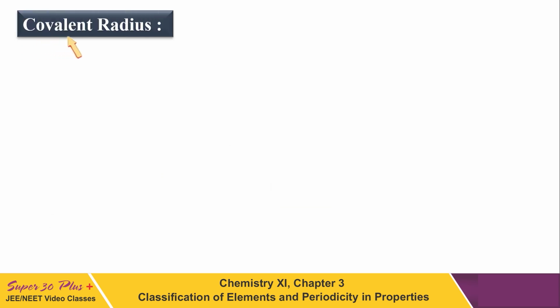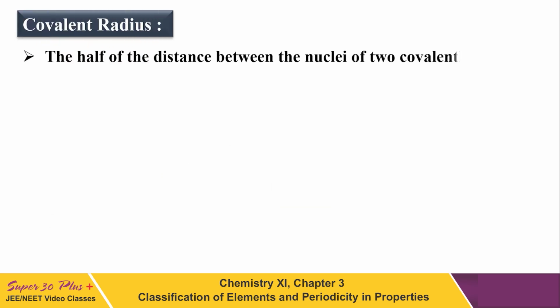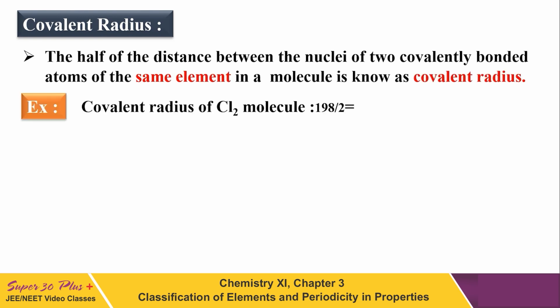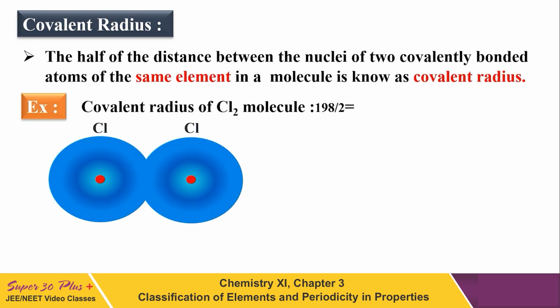First is the covalent radius. So what is the covalent radius? You tell me, what is a covalent bond? In the covalent bond, there is a sharing of electrons between two atoms. So half of the distance between the nuclei of two covalently bonded atoms is called the covalent radius.